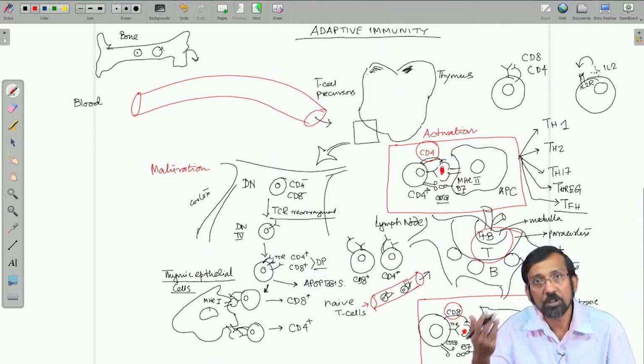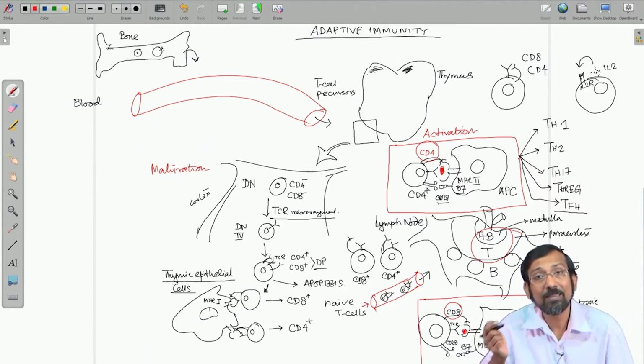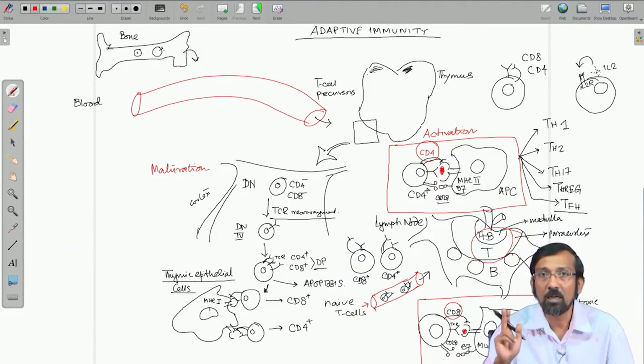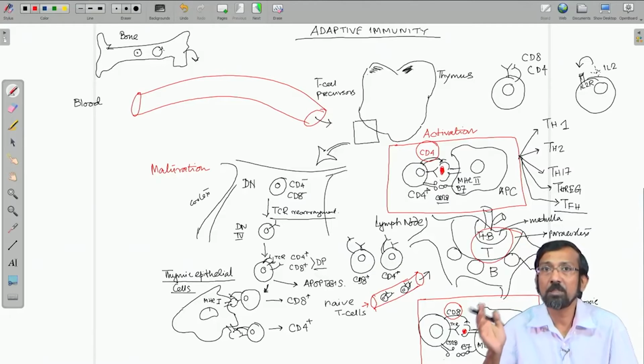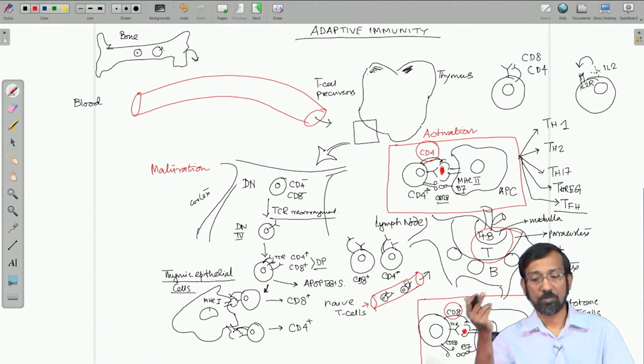And then these T helper cells help in the activation and the differentiation of the B cells, which will now be producing the antibodies.